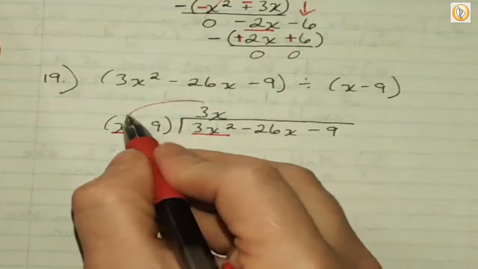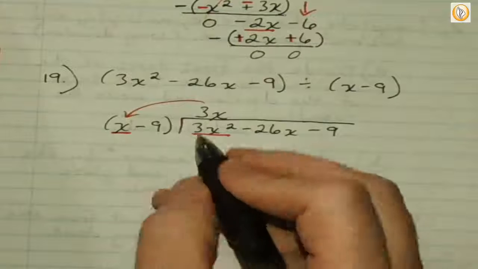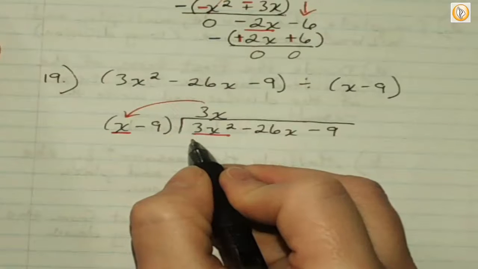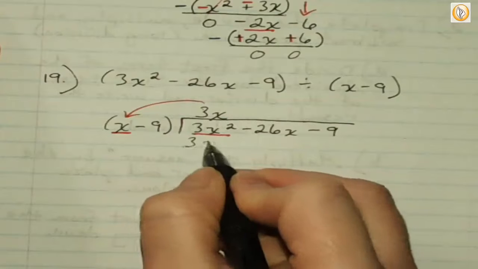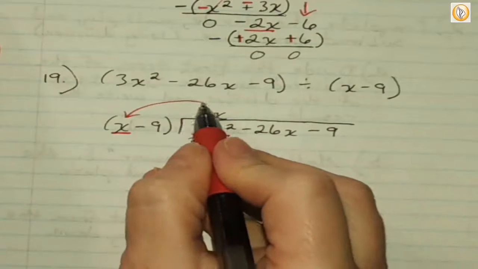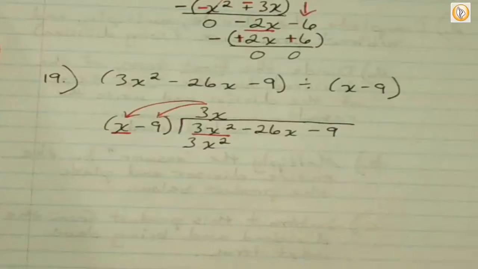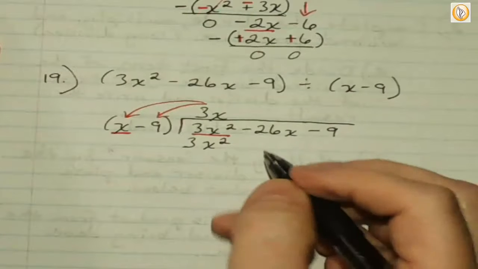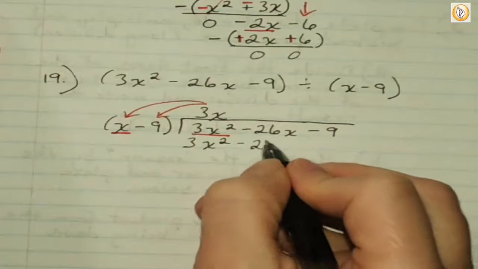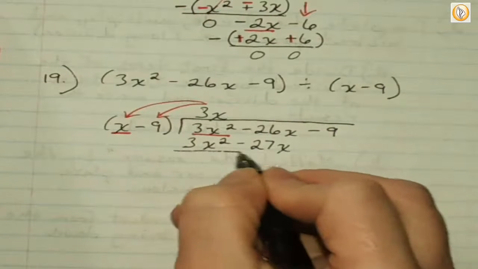So 3x times x is what, Emily? 3x squared. Very good. And what is 3x times negative 9, Emily? Very good. Negative 27x. You're correct.